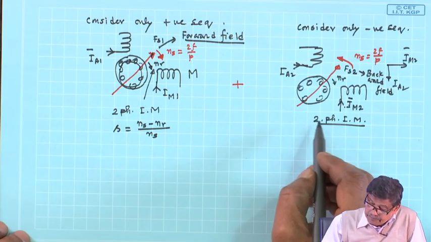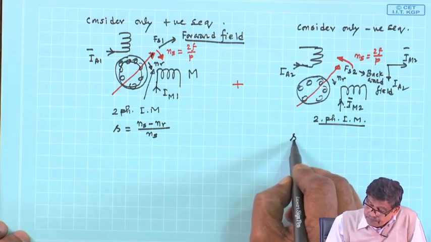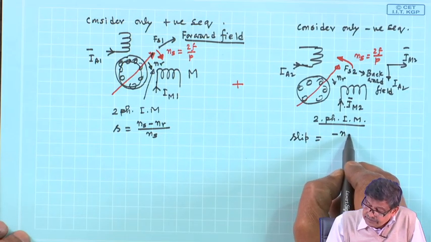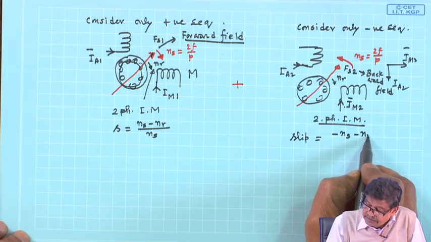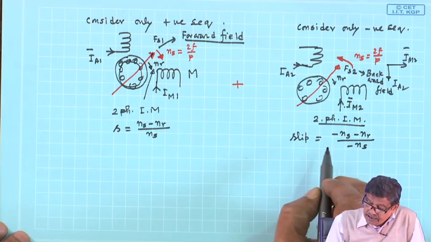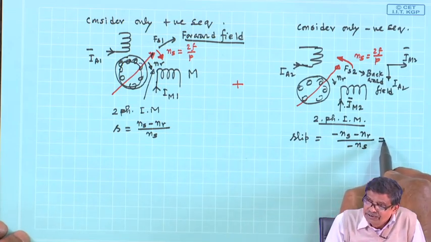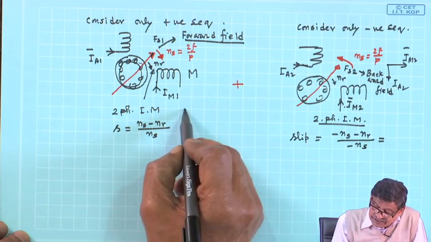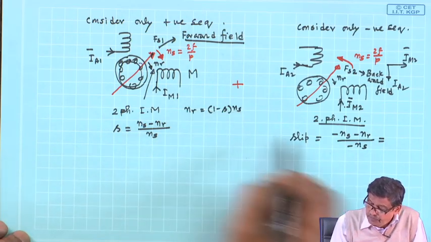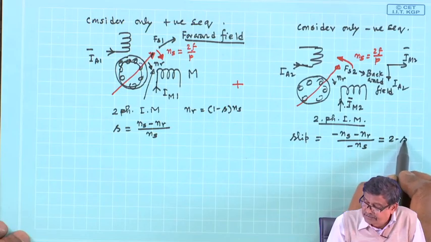What is the slip in this case? The slip in this case will be minus Ns minus Nr by minus Ns, and this will be nothing but, because Nr is, as we have used so many times, Ns, if you put it, it will become 2 minus S.